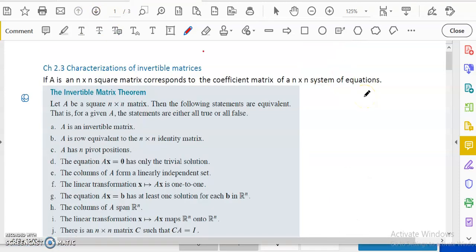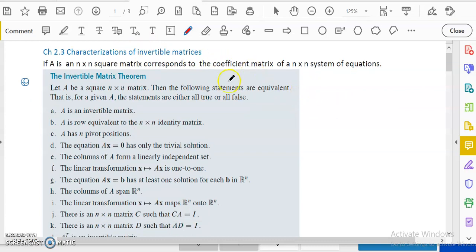Hello, linear algebra student. This video is for chapter 2.3, characteristics of invertible matrix, called the invertible matrix theorem, IMT. It's a very famous theorem because it wraps up everything that we have learned from chapter 1 up to now. You can think of it as kind of the halfway point of everything we have learned.